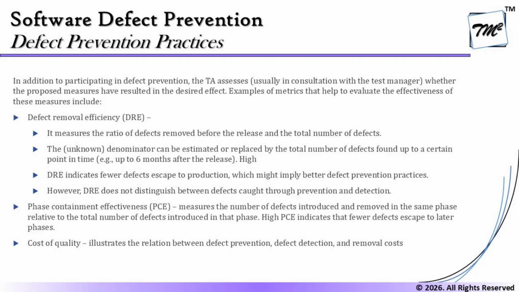So DRE, defect removal efficiency, is a metric which can help you measure that. For example, it measures the ratio of defects removed before the release to the total number of defects altogether. The unknown denominator can be estimated or replaced by the actual total number of defects found up to a certain point in time.